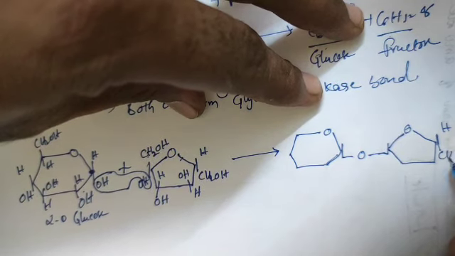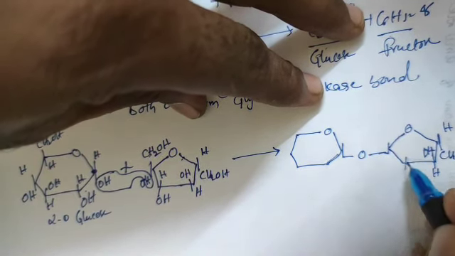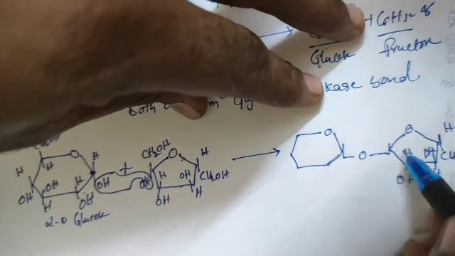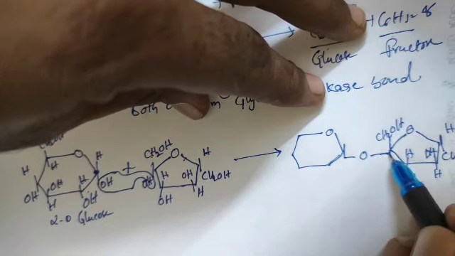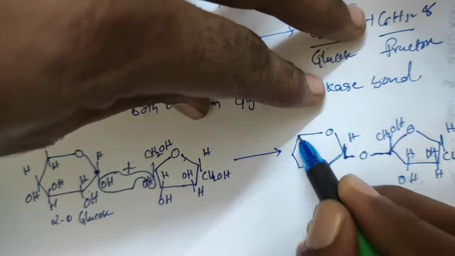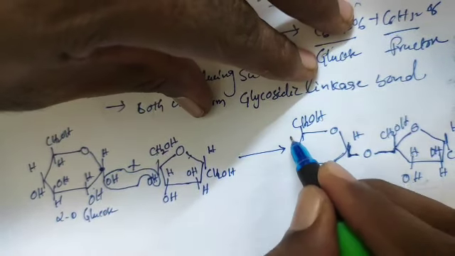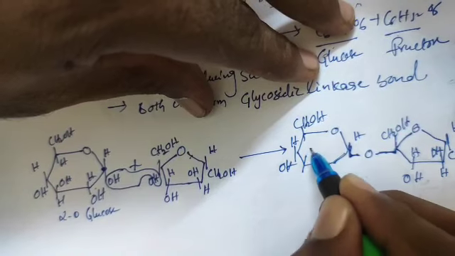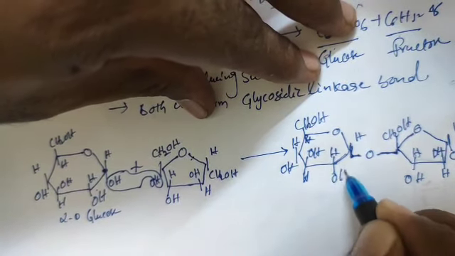Here H, here CH2OH, here OH inside H, here CH2OH also. From here one hydrogen is lost, here OH is lost.